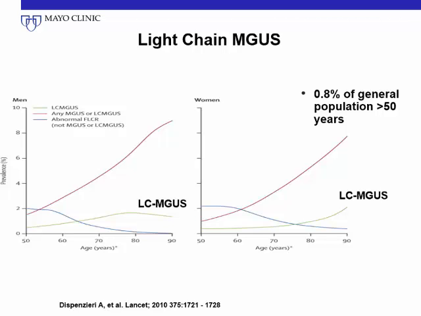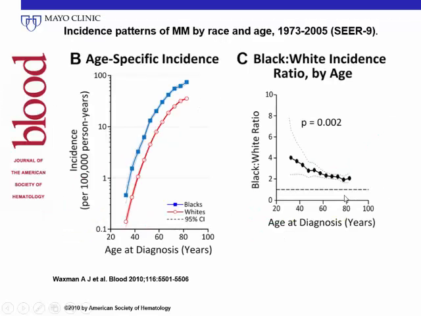It's not an intact immunoglobulin, but just the light chain alone. So about 4% of the general population over the age of 50 in the United States has a monoclonal gammopathy of undetermined significance. And here you can see the red line is MGUS, light chain and heavy chain together, and this is the light chain MGUS, which is about 1% of the population.